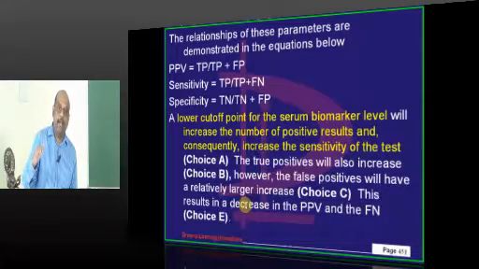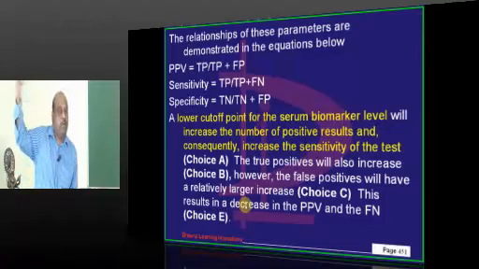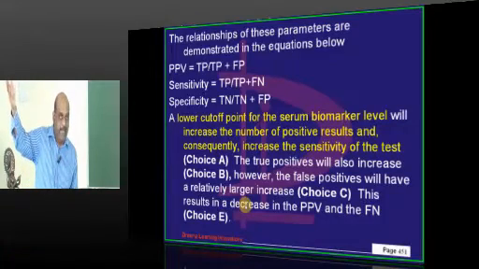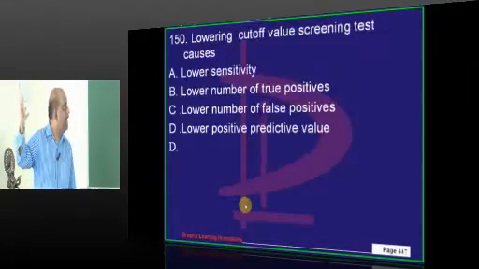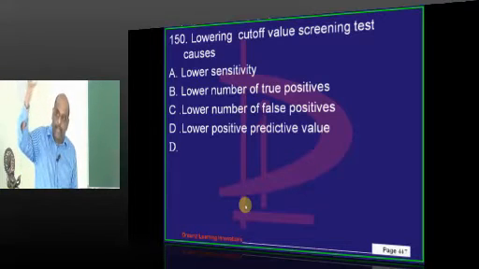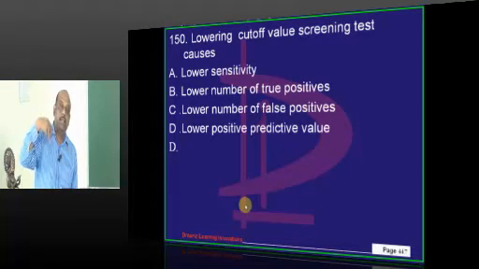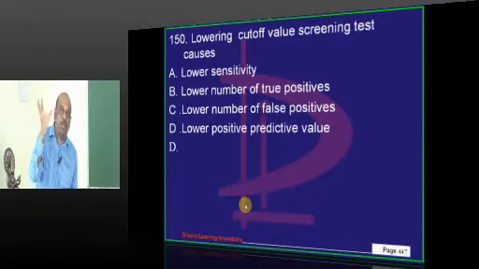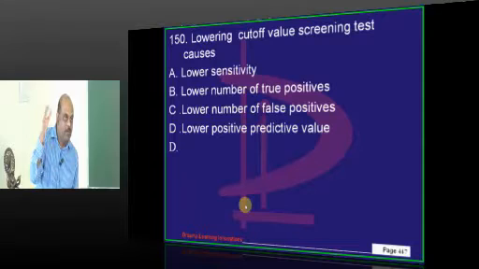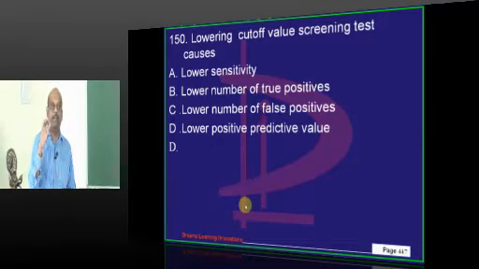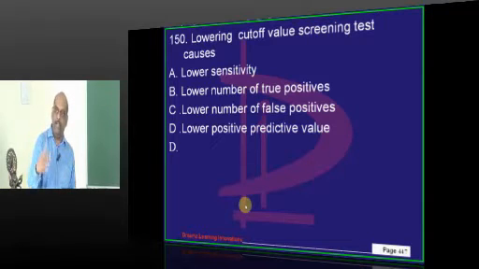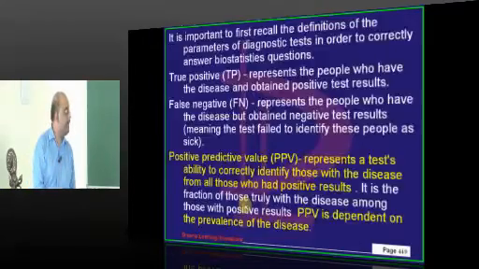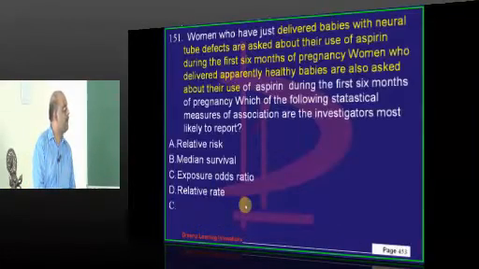If you lower the cutoff, the number of positives that you get will be higher, and out of the increased number of positives, the number of false positives also will be higher. Hence the positive predictive accuracy value ultimately will become lowered. So that is the effect of lowering the cutoff value that we need to remember. Lowering cutoff value increases the positives and increases the number of false positives and lowers the positive predictive accuracy is what I want to underscore to all of you.